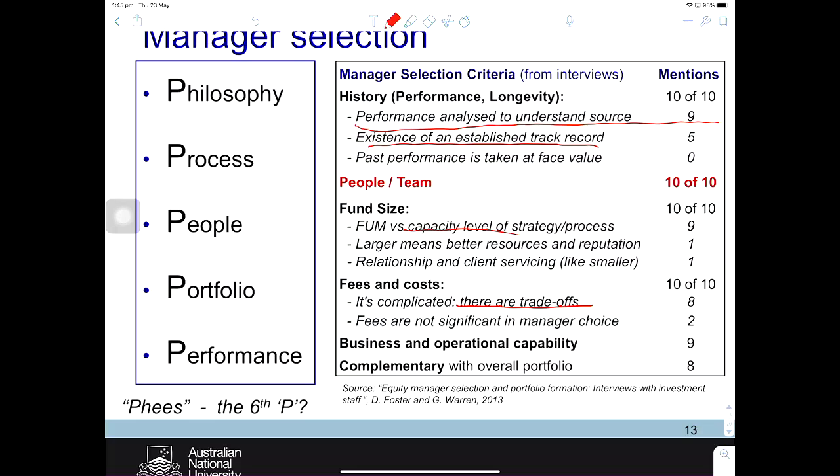So lastly, complementary with overall portfolio. So how this manager will fit into the total portfolio.